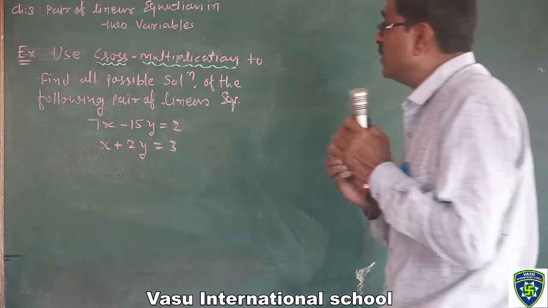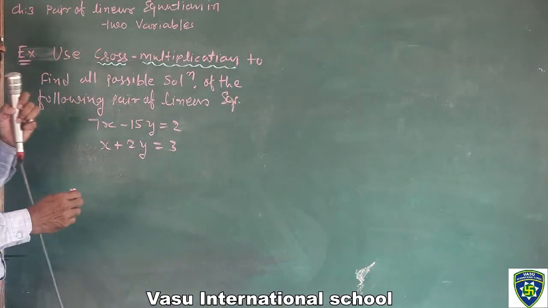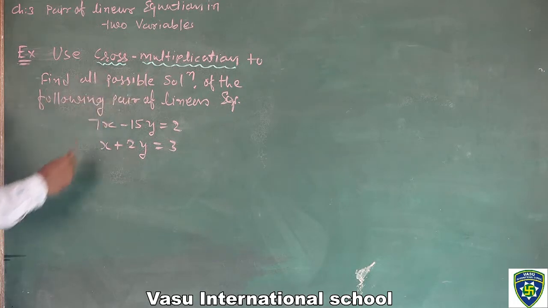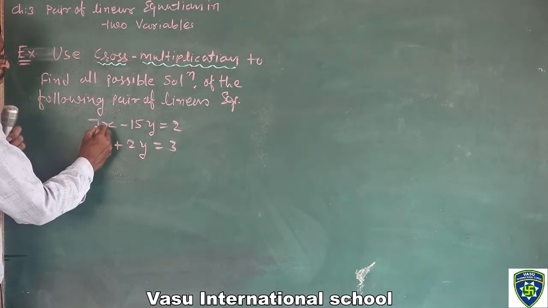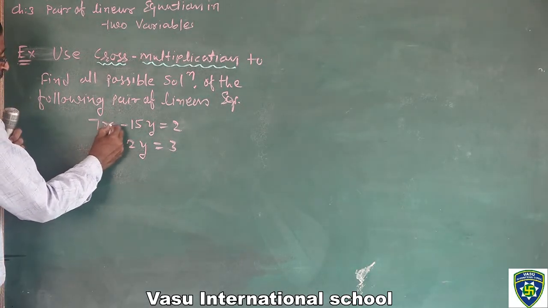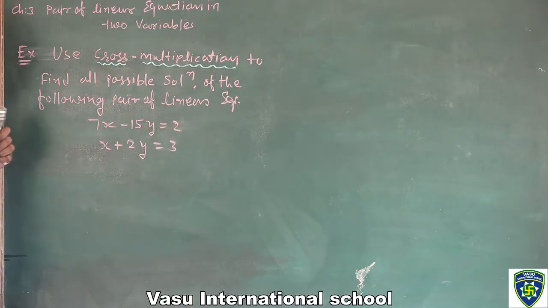Hello student. Use cross multiplication to find all possible solutions of the following pair of linear equations. Look here. They give a pair of linear equations: 7x minus 15y equals 2, x plus 2y equals 3.